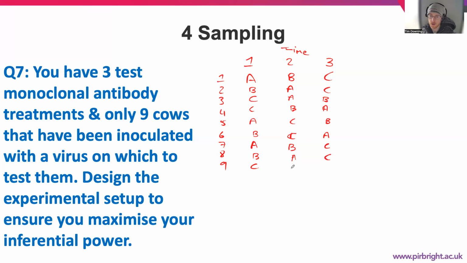So let's just try C, B, A. So if we count across the carryovers here, we got one BC, then BA, we have one, AC, we have one.